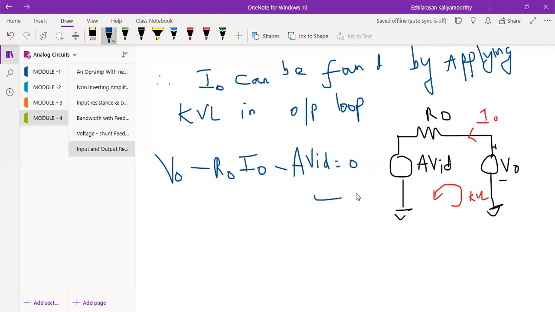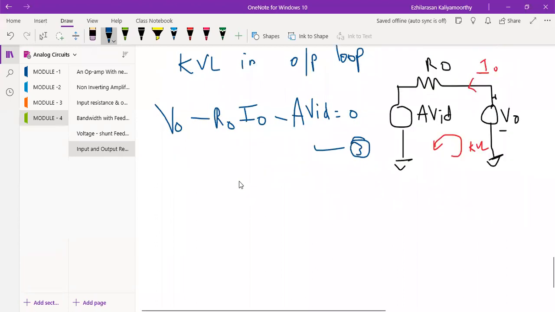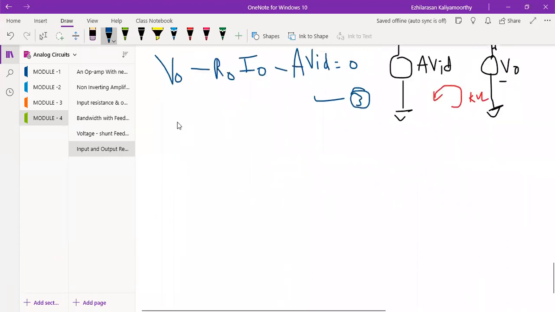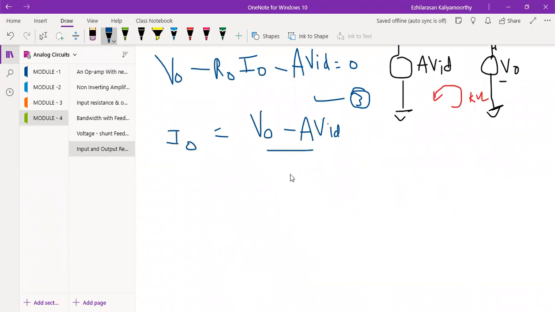This is equation number 3. Now from this I can get the resultant current, that is I0. I0 will be equal to, rearranging the expression, V0 minus A VID divided by R0. This is equation number 4.